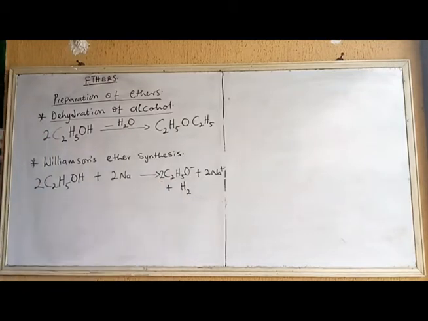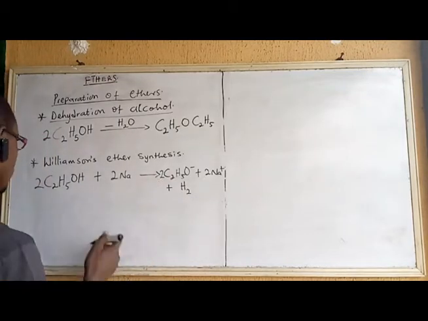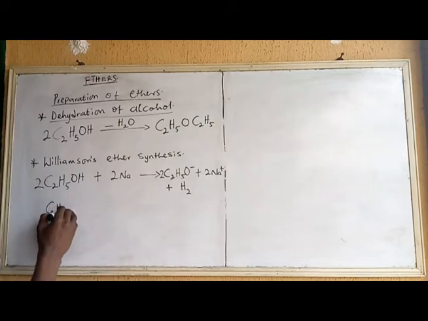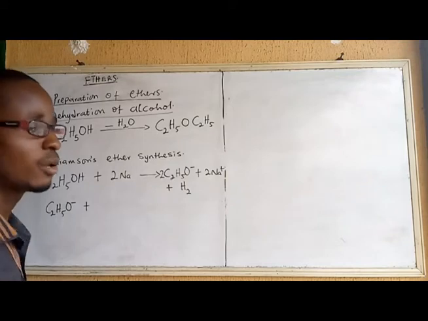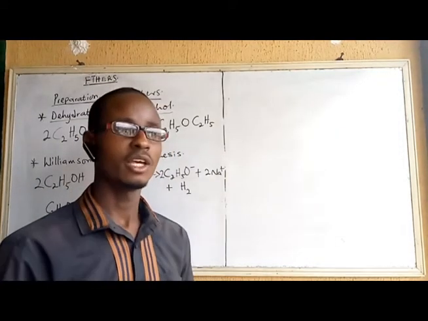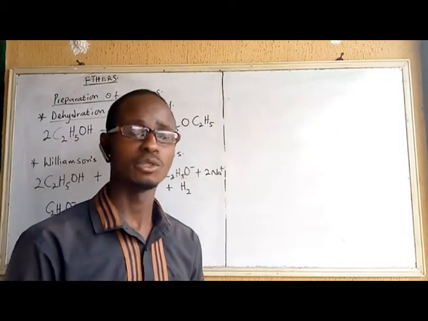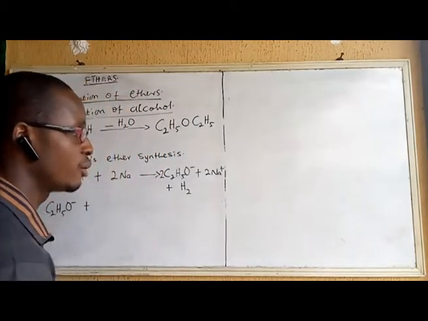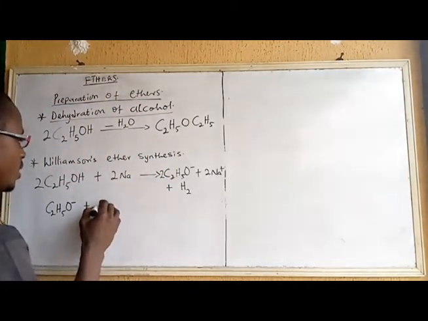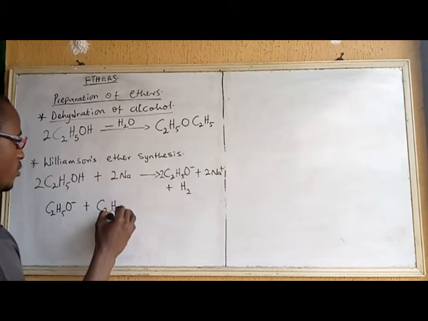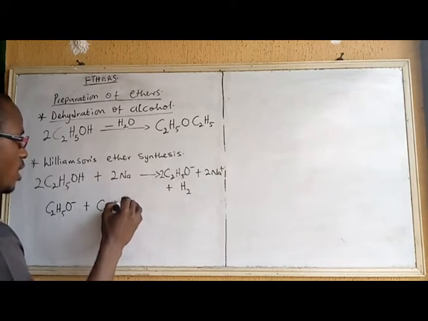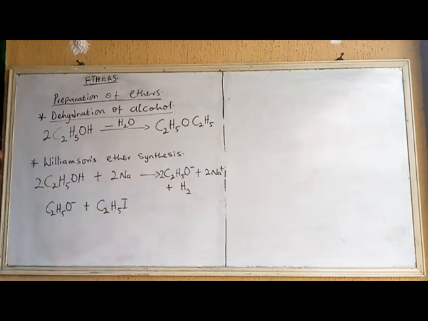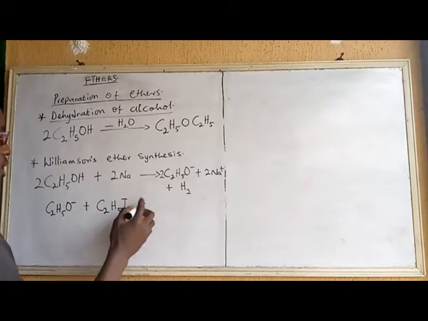Then the alkyl oxide ion, C2H5O, is reacted with halogenoalkane. Halogenoalkane means an alkyl member connected to a halogen. An example of such is iodoethane, C2H5I.